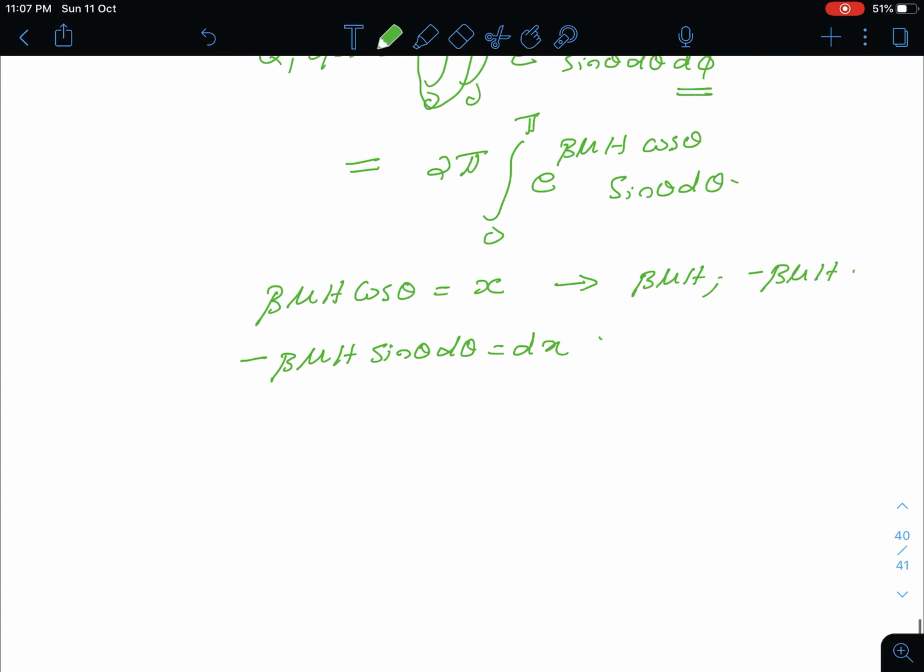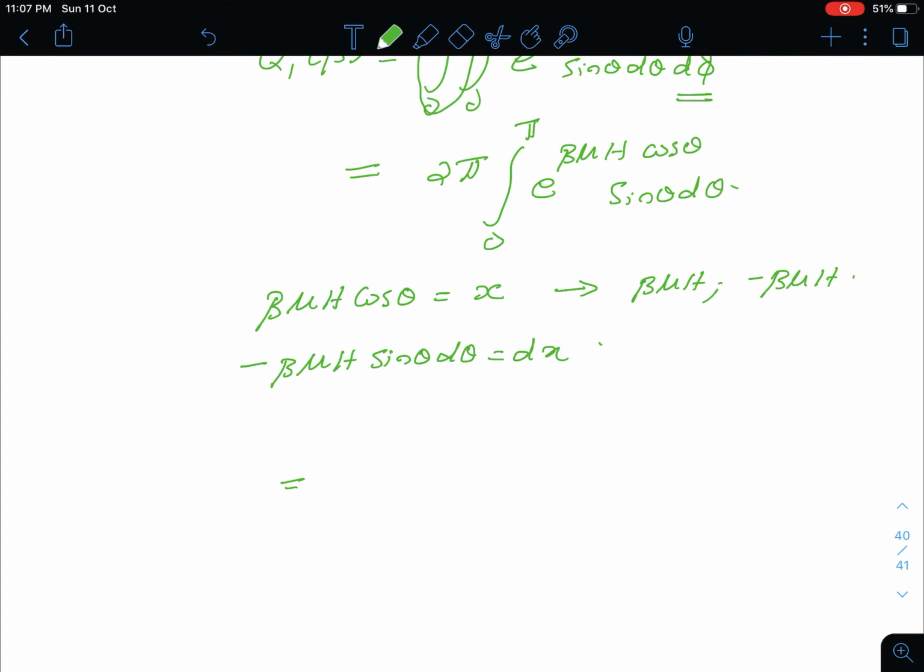So the integral now is 2 pi, integral from beta mu h to minus beta mu h of e raised to x dx, where sin theta d theta is dx divided by minus beta mu h.